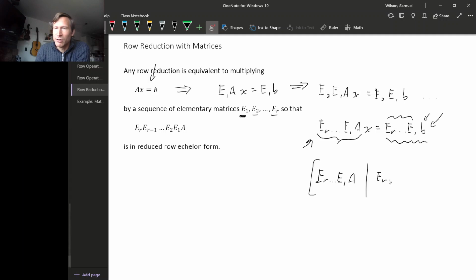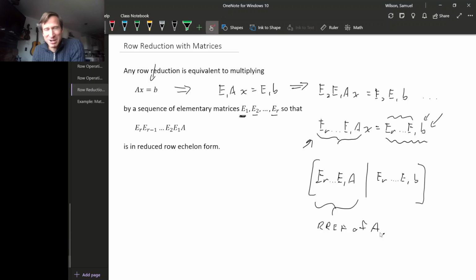So E_R down to E1 applied to b. But if we're finished with row reduction, this matrix here will be the reduced row echelon form of A. Because that's how we tell when we're done doing row reduction. We're done when we get to the reduced row echelon form. So when we do all these row operations, the reduced row echelon form will appear right here.